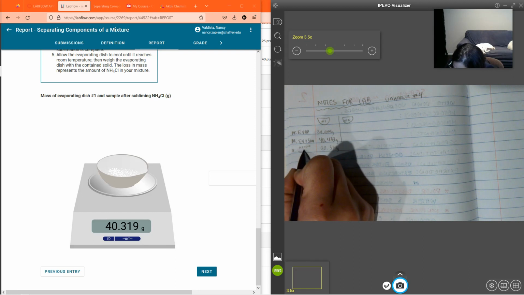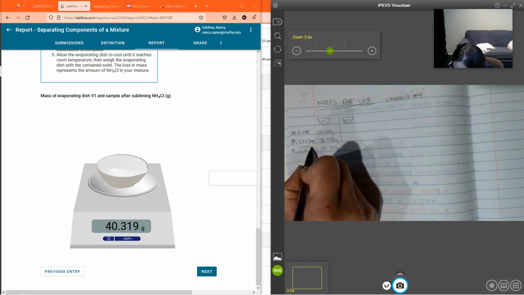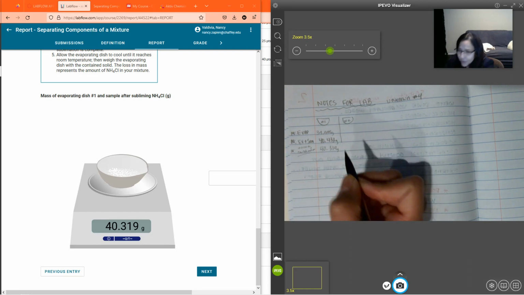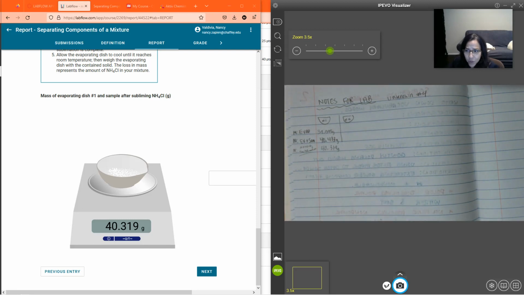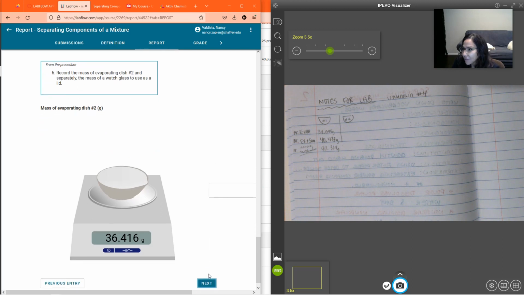Okay. Now, do we really have 40.319 grams of a substance? What do we need to remove in order to find out how much we actually have? We need to remove the mass of the evaporating dish.